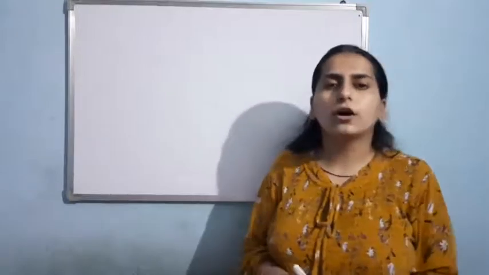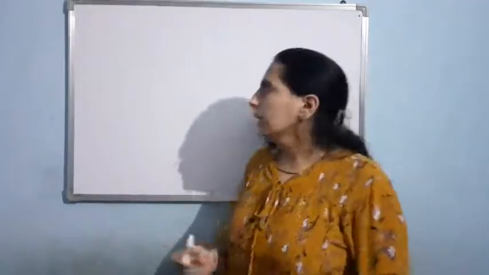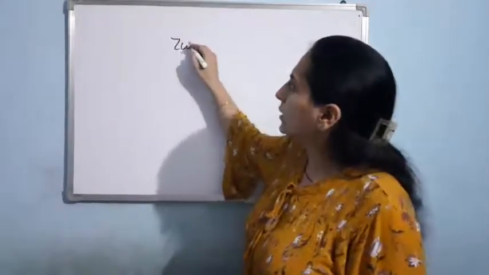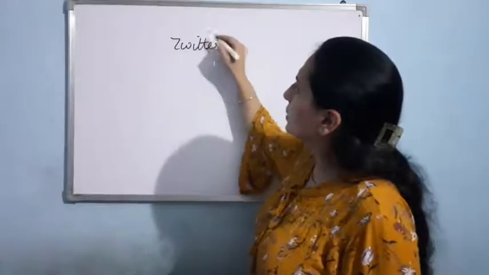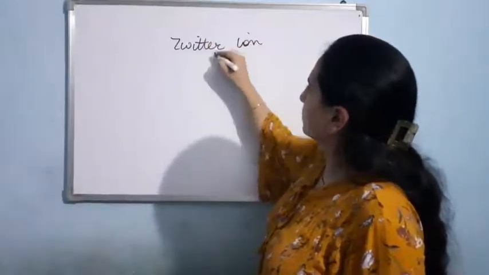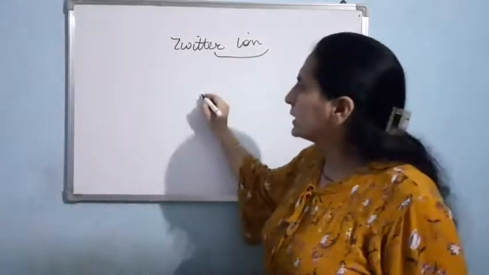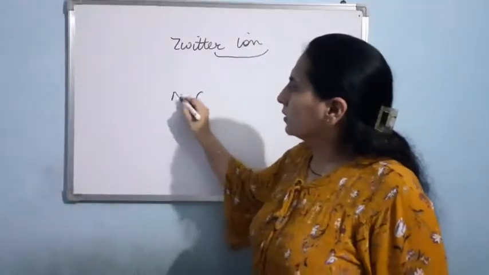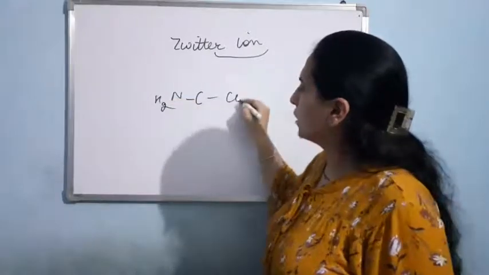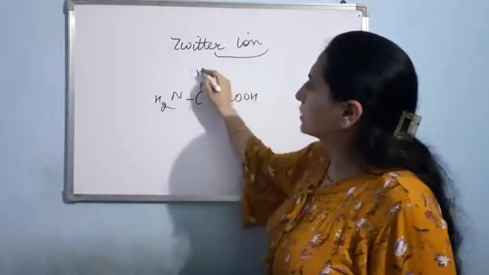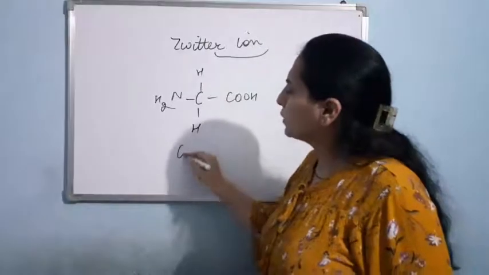Now another important characteristic of amino acids is that they form Zwitter ion. What is the meaning of this? Let us see. As I told you about the basic structure of amino acid, it is like this: C, NH2 group, COOH group, H group. Suppose let me take the example of glycine.